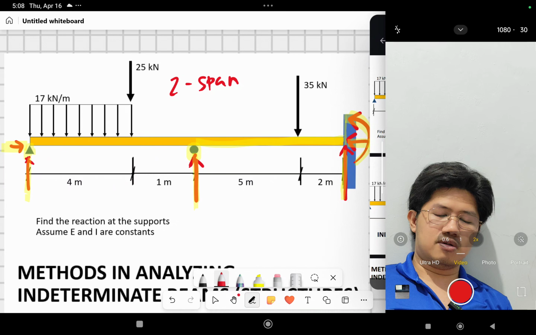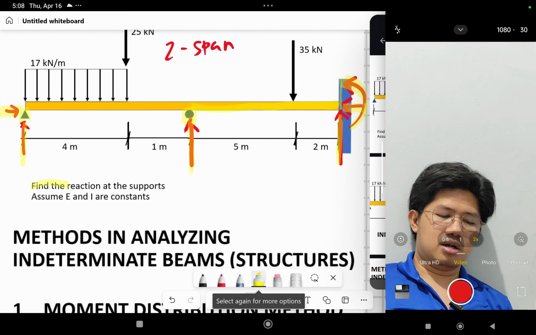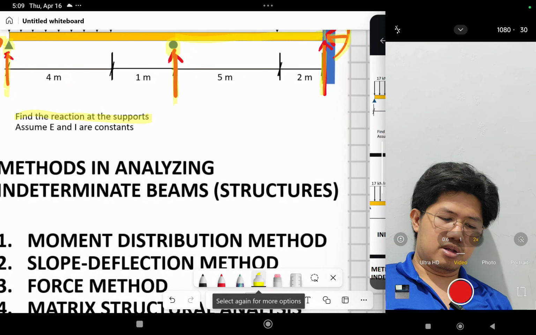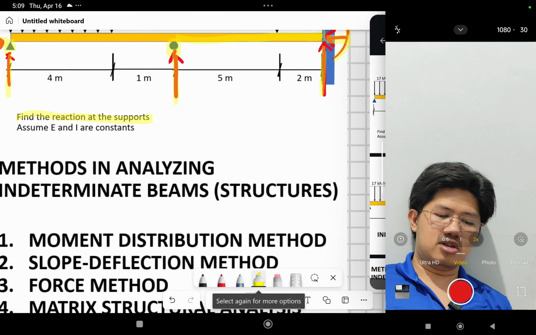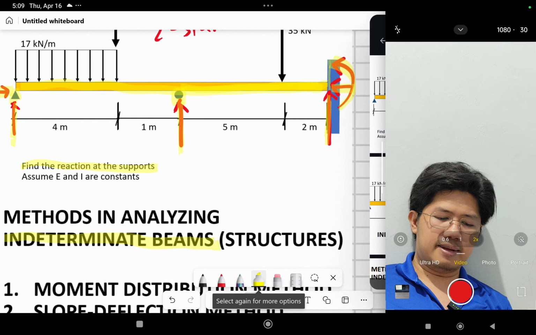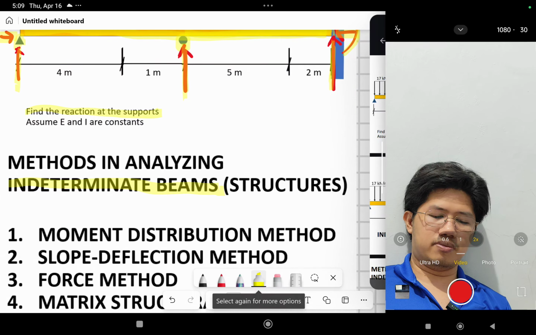This cannot be solved by the usual methods using equations of equilibrium. Okay, so to find the support reaction at the supports, we will use what we call the methods in analyzing indeterminate beams. So this beam is called an indeterminate beam. Indeterminate beam, ibig sabihin, it cannot be solved using equations of equilibrium.